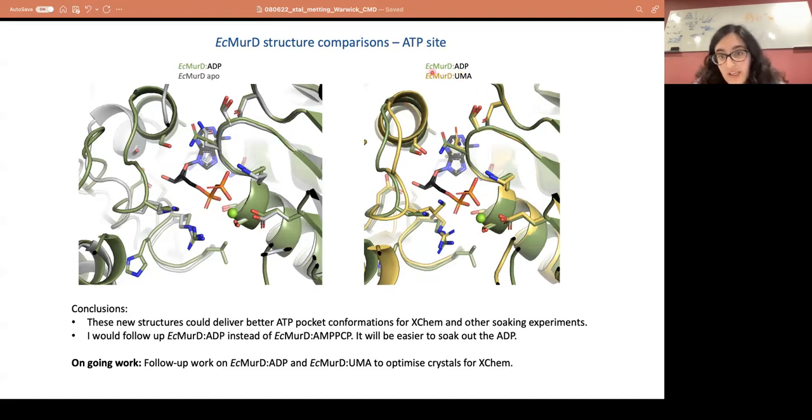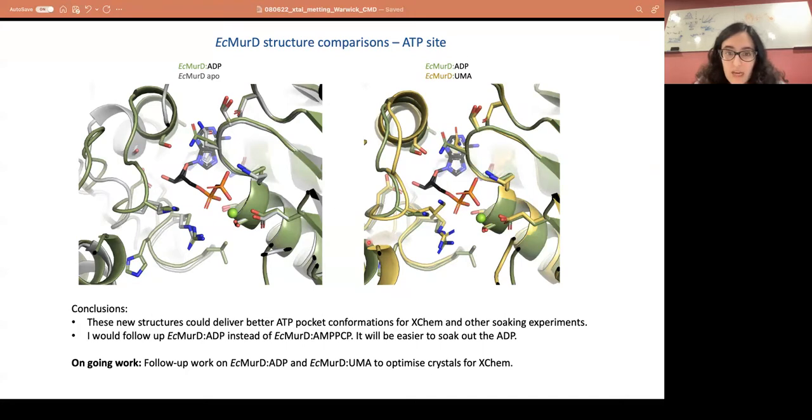And the second one is ADP with Mur-D and the UMI structure. You can see they're very similar. There are some differences in the loop here, but they're pretty similar, and I'm quite happy to follow this up and do soaking on these UMI structures.